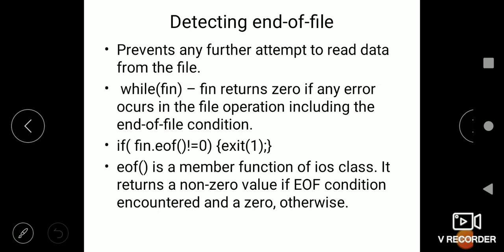Now there is another member function, eof, in the ios class. What will eof do? eof will return a non-zero value if the end of file condition is encountered. Otherwise it will return a 0. So we have used both conditions in the previous programs.